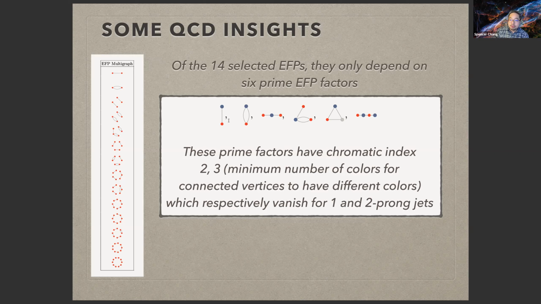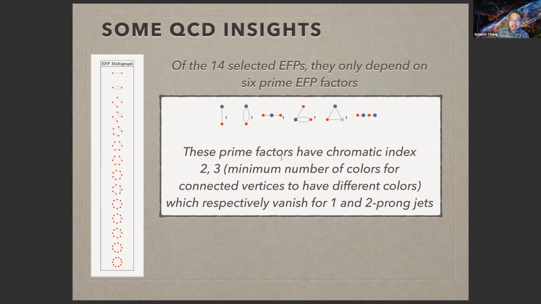And so if you had a 1-prong jet, you would get a very small value for this energy flow polynomial. So all the chromatic index 2 objects need 2-prong events or higher to get a non-zero value. This chromatic index 3 needs 3 prongs or more.